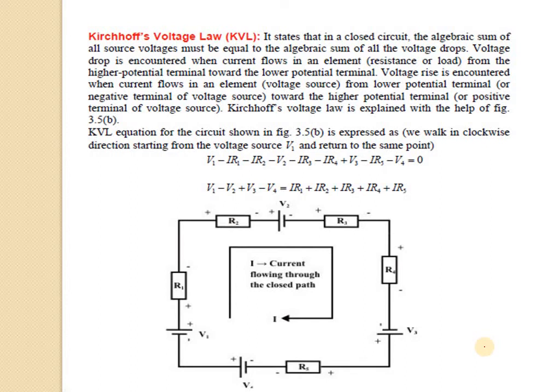Voltage drop is encountered when current flows in an element, like a resistance, from the higher potential terminal toward the lower potential terminal, that means current going from positive to negative. That is the basic part. Voltage rise is encountered when the current flows in an element from the lower potential terminal towards the higher potential terminal.